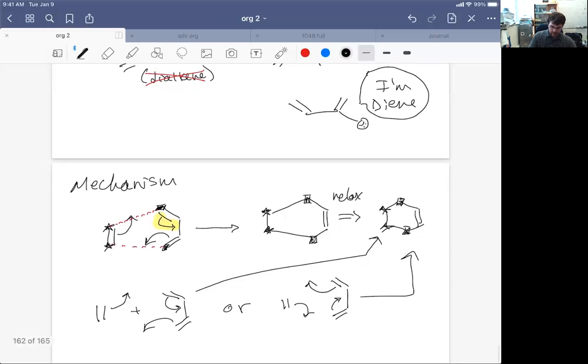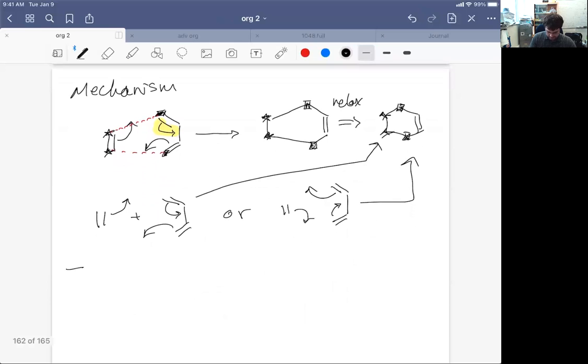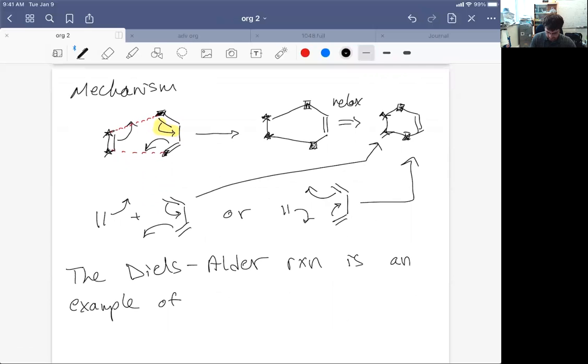It turns out this is an example of a pericyclic reaction.